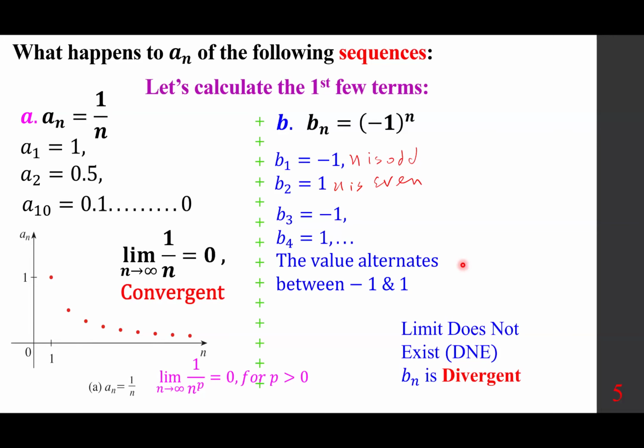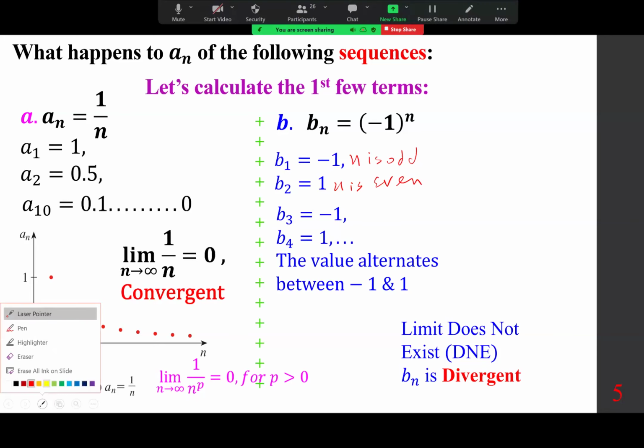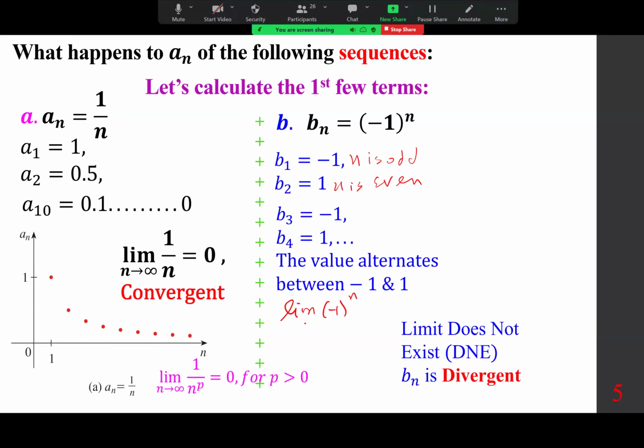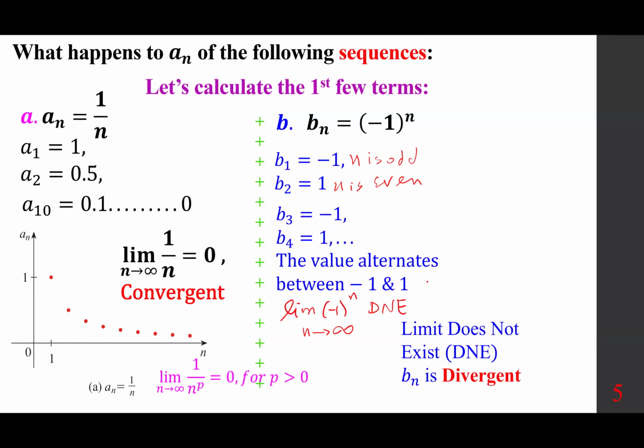So you could write, if you like, the limit of negative 1 to the power of n as n approaches infinity does not exist, and therefore it alternates and diverges. I can't emphasize enough understanding the concept of why this is the case, okay?